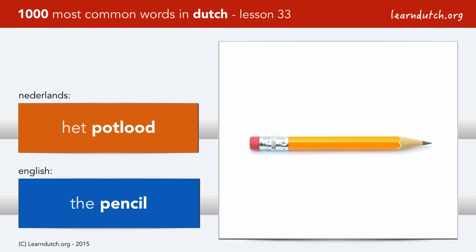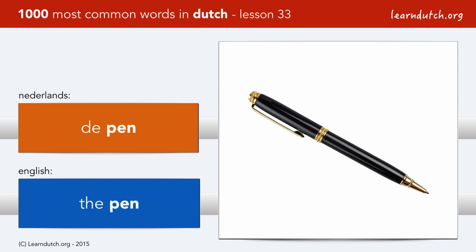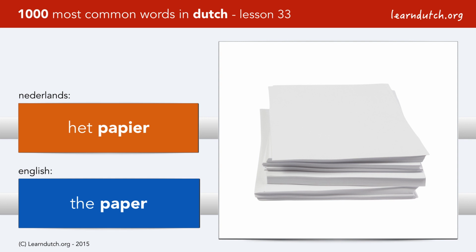Het potlood. De pen. And we continue now with materials. After potlood and pen, that can only be het papier.